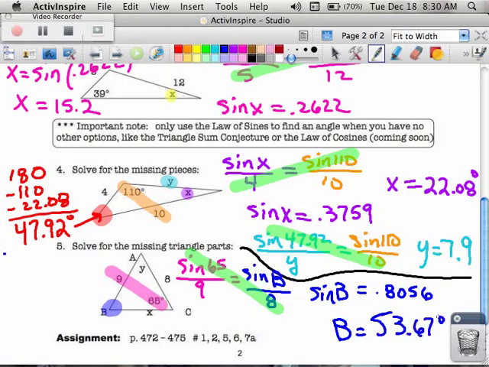And that's in degrees. Now the good news about that is that means I can easily find my y value. Because if I'm looking for my y value here, all I would have to do is take 180 minus off the 65 and minus off the 53.67.